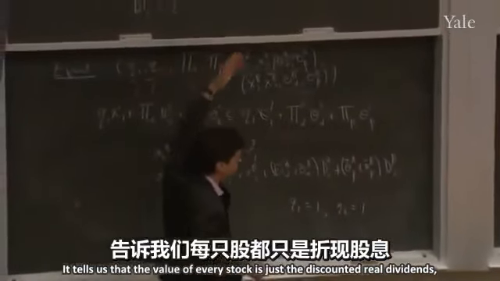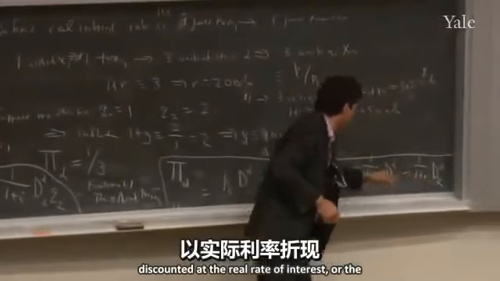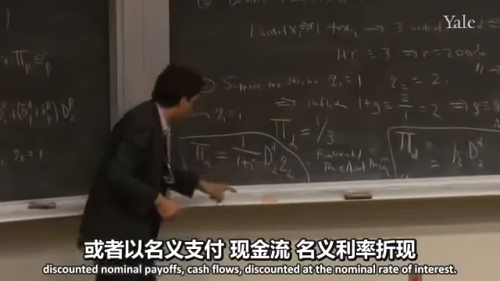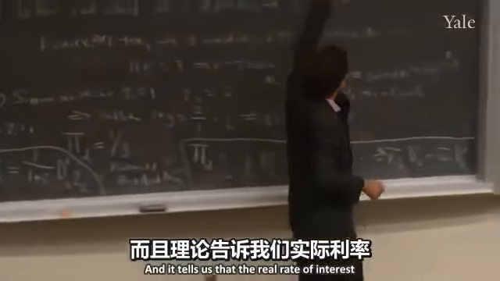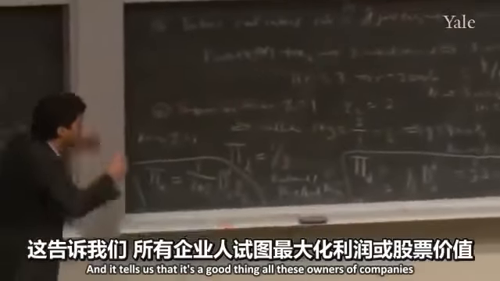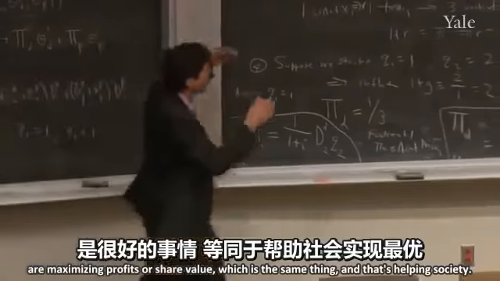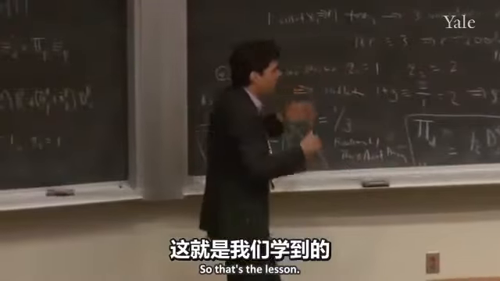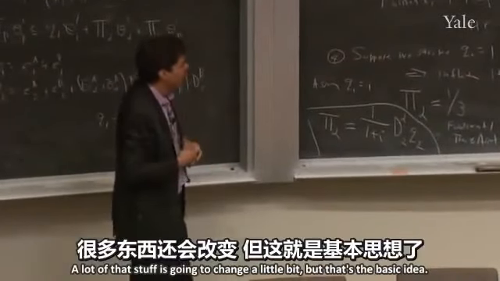It tells us that the value of every stock is just the real dividends discounted at the real rate of interest, or the nominal payoffs, cash flows, discounted at the nominal rate of interest. And it tells us that the real rate of interest is the nominal rate divided by the rate of inflation. Okay? And it tells us that it's a good thing all these owners of companies are maximizing profits or share value, which is the same thing, and that's helping society. Okay, so that's the Fisher lesson. A lot of that stuff is going to change a little bit, but that's the basic idea.